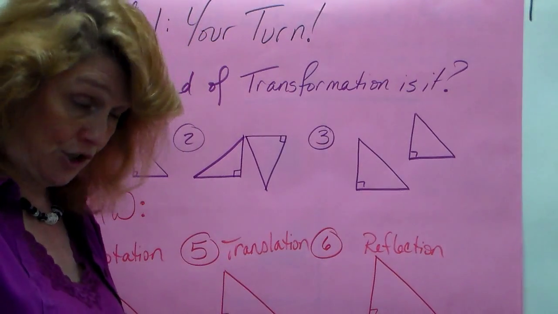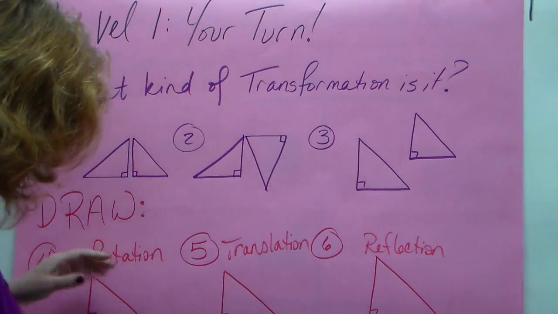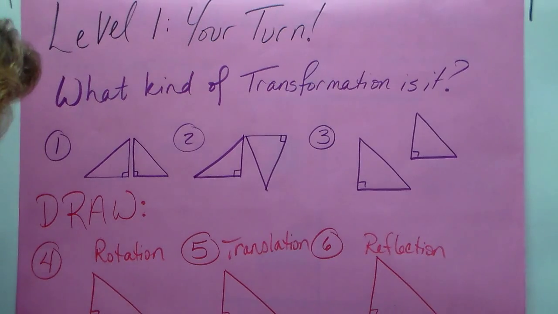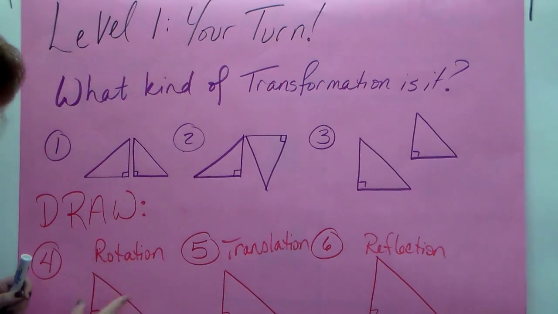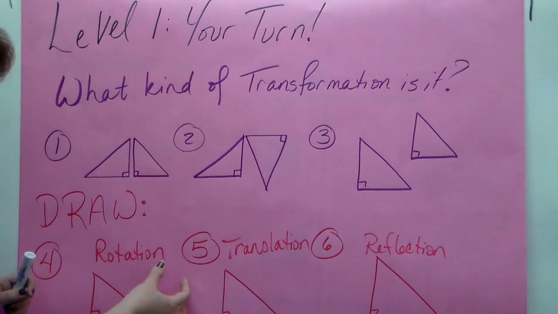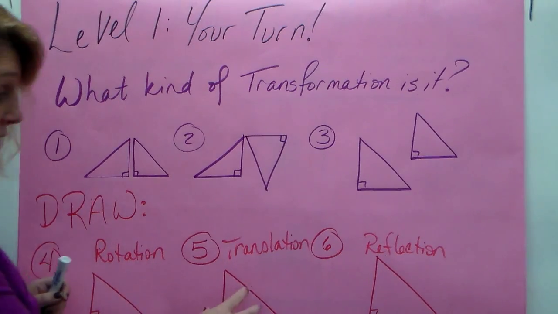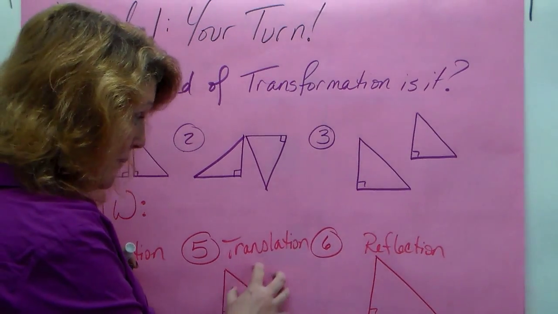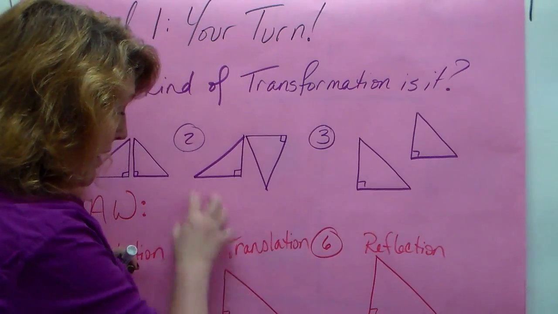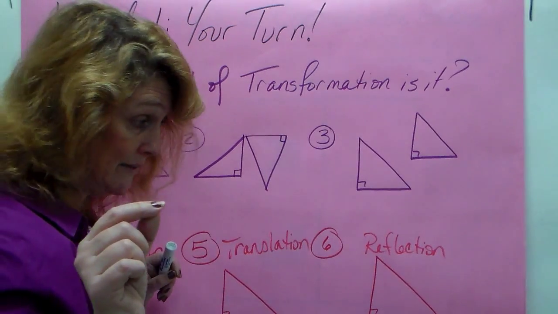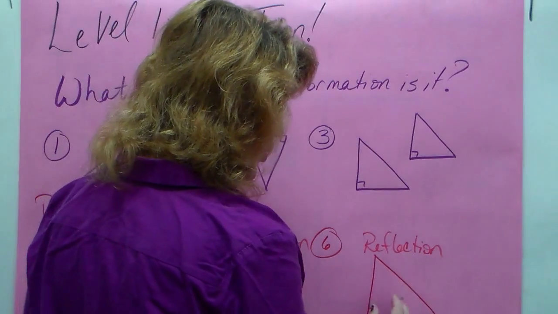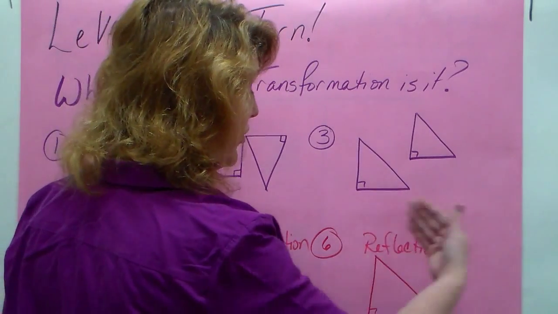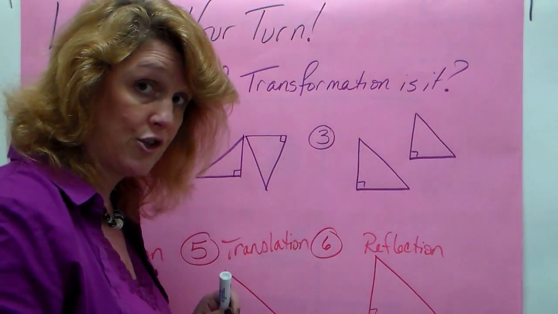This is a translation. If you drew this somewhere, you picked some kind of a random spot and you took this triangle and you moved it. The translation, you picked this up and you moved it somewhere, didn't matter where, but you did not turn it. And then a reflection, you found some kind of line of symmetry and you flipped it over in some direction. Okay?